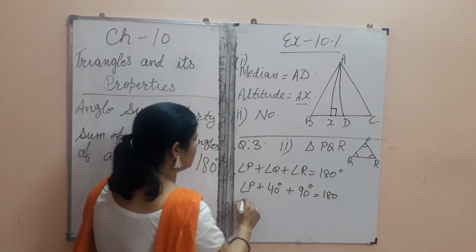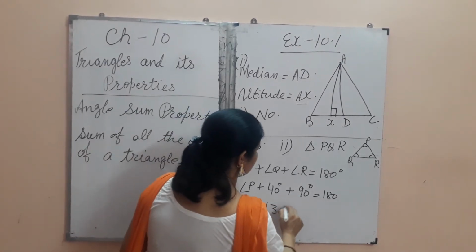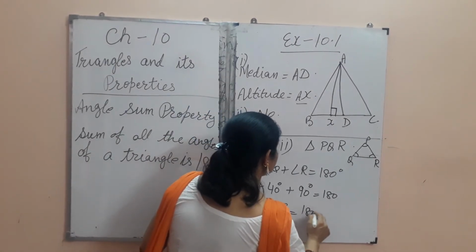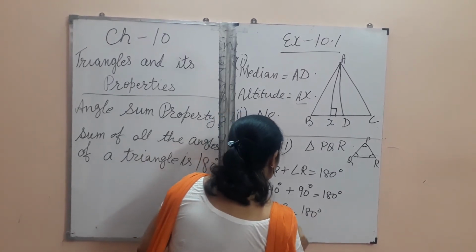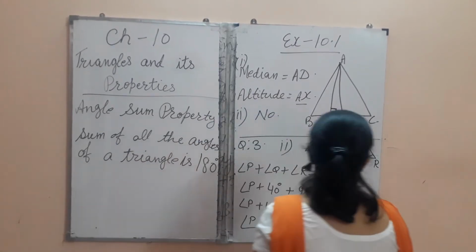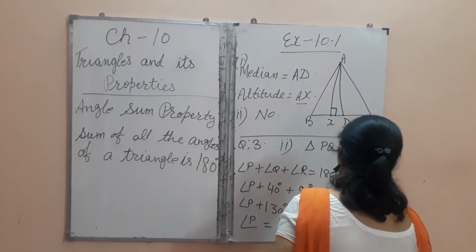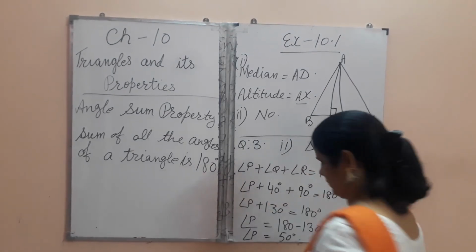Now we will solve it. Angle P plus 90 plus 40, 130 degrees equals to 180 degrees. Angle P equals to 180 minus 130 equals to 50 degrees. So angle P is equal to 50.